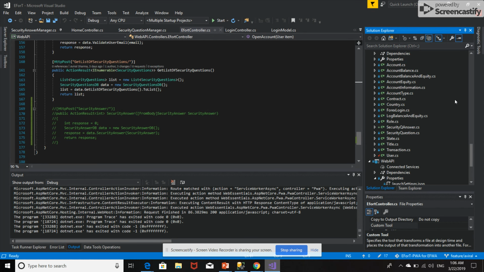The API consumed should be open account, not a different API. So that was getting clashed. So I commented out this security answer API and everything I did for the security answer stored procedure, and I combined the stored procedure for the security answers into the open account stored procedure.